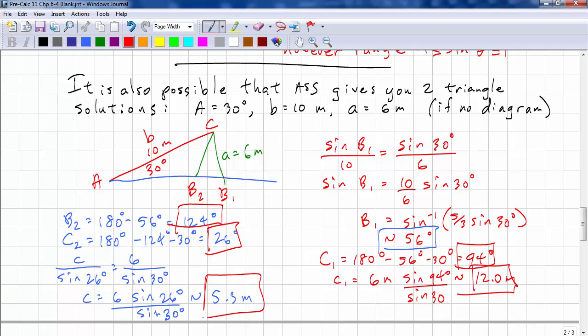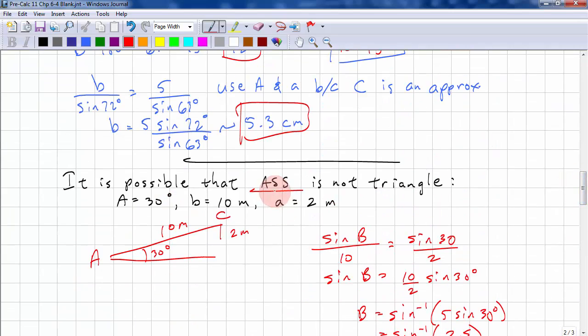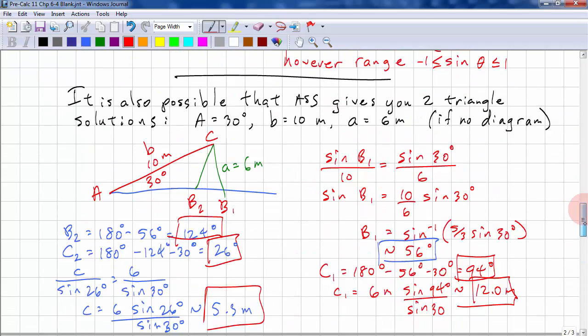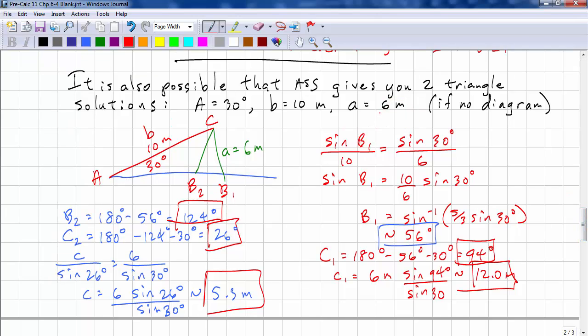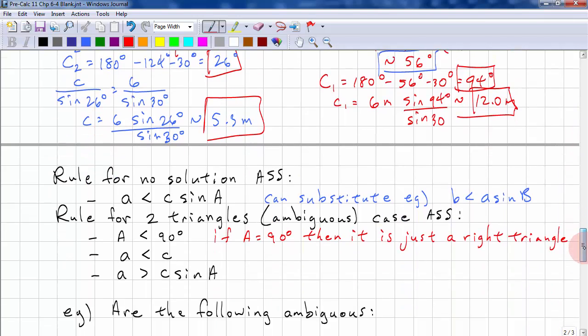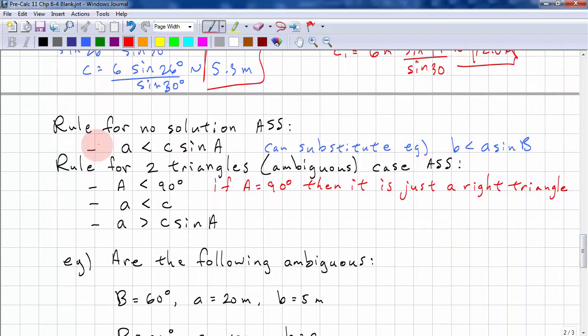So let's go over the rules for ASS. There's actually rules to determine whether you have no triangle or a triangle with two solutions or whether it's a single solution. Okay, so let's draw the triangle to make it clear. So we have A, B, C1 and C2.